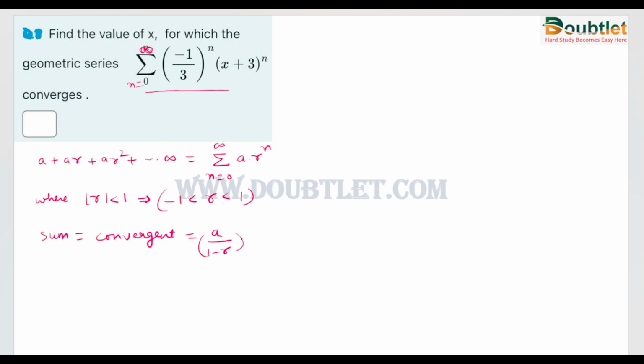So in this case we will use this concept of common ratio. We can rewrite this summation as the sum from n equals 0 to infinity of (-1 divided by 3) to the power n times (x plus 3) to the power n. We know the concept that a to the power n multiplied by b to the power n can be written as (a times b) to the power n.